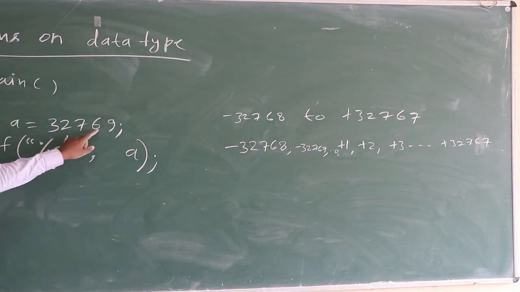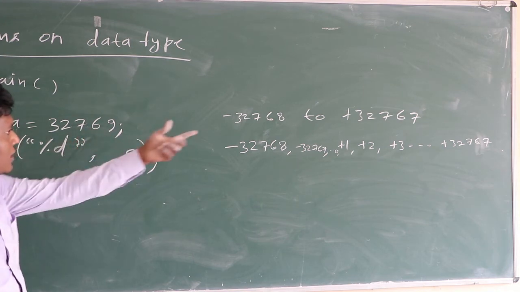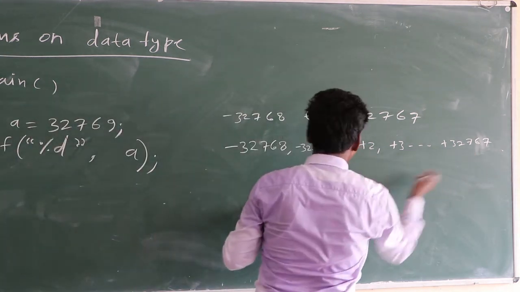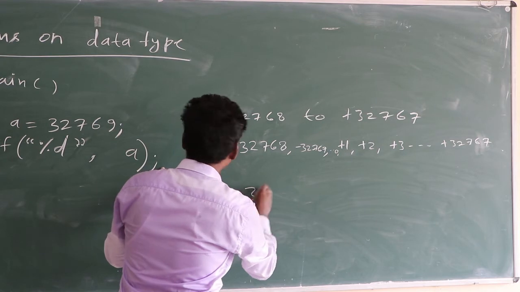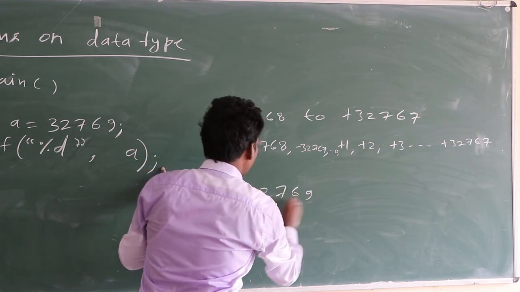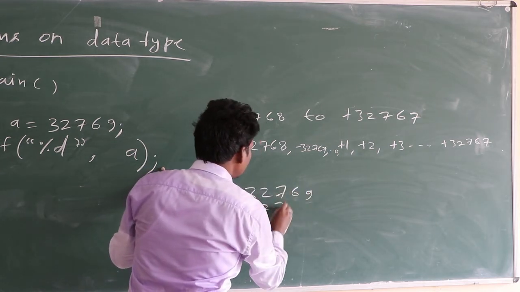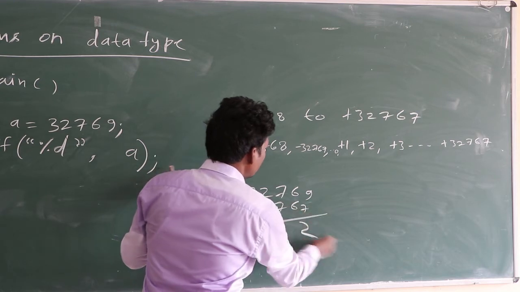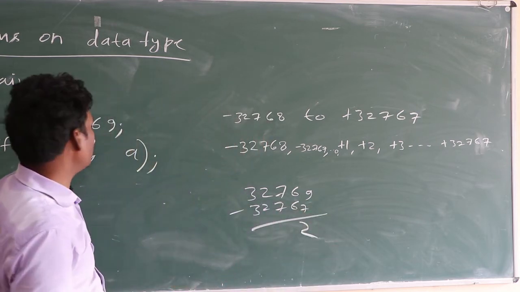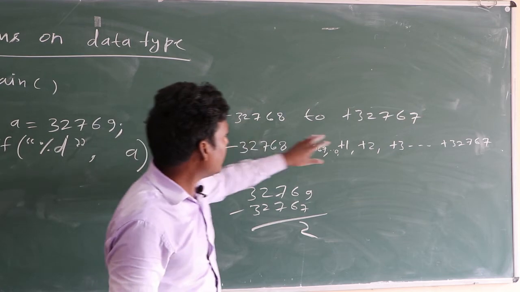So how many times is this number beyond the maximum range? 32769 minus 32767, 2 times. This number is 2 times greater than the maximum.